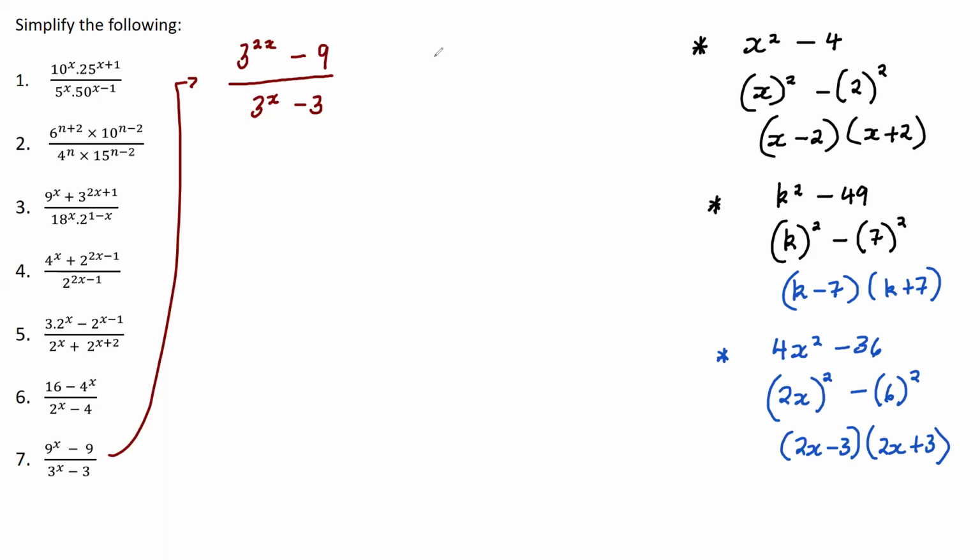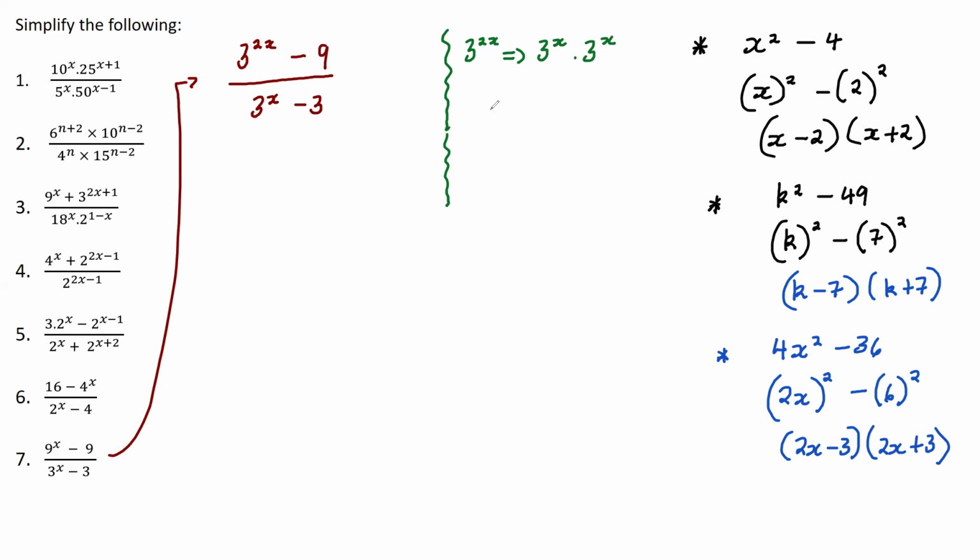Did you know that when I say 3 to the power 2x, it's as good as saying 3 to the power x multiplied by 3 to the power x? Something is happening on the bottom and top part. I see that I can make 3 to the power x and 3 to the power 2x somehow related.